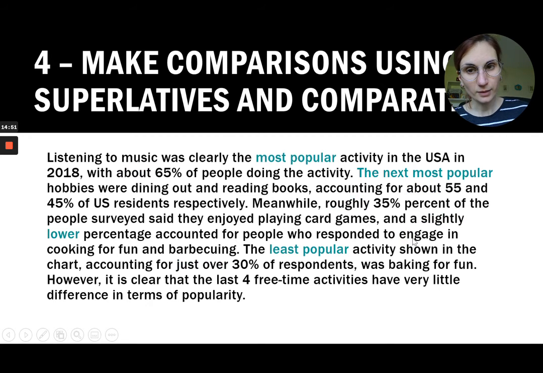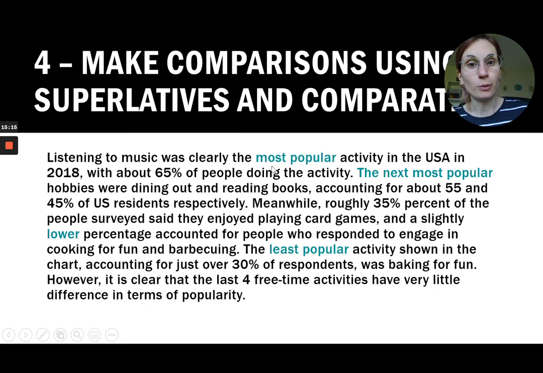You can also make comparisons using superlatives and comparatives because this is a bar chart. It's showing different activities. It's not showing you a trend. It's showing you different activities and their popularity in the same year. So it's begging you to make comparisons here.